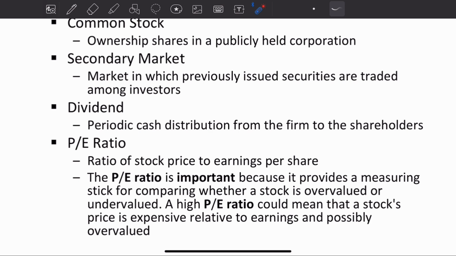But typically, most companies will take their profits and split them into two parts. Some of the profits will go to the investors in the form of dividends, okay? And some of the profits would be used to fund future investments of the business, right? In the form of what's called retained earnings.